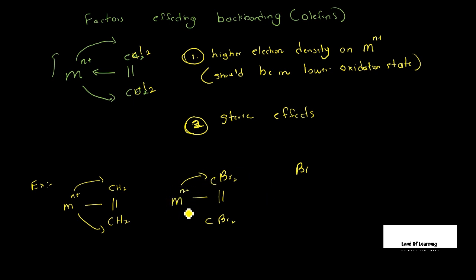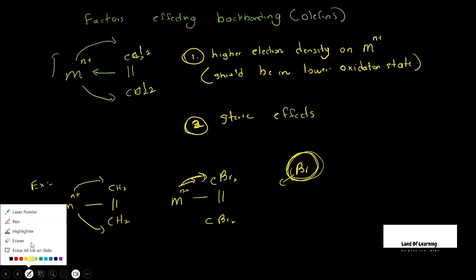So our metal center has difficulty donating electrons because of the repulsion generated by the bromine. It will repel the incoming electron density from our metal center. So these are the steric effects. Based on the steric effects, the back bonding can be deteriorated, decreased, or maybe increased. Okay, so let's move on.